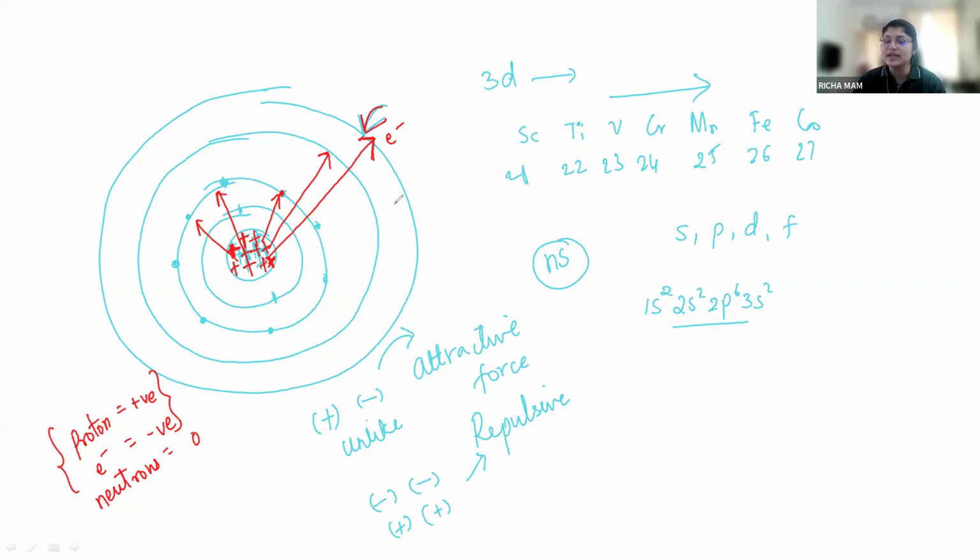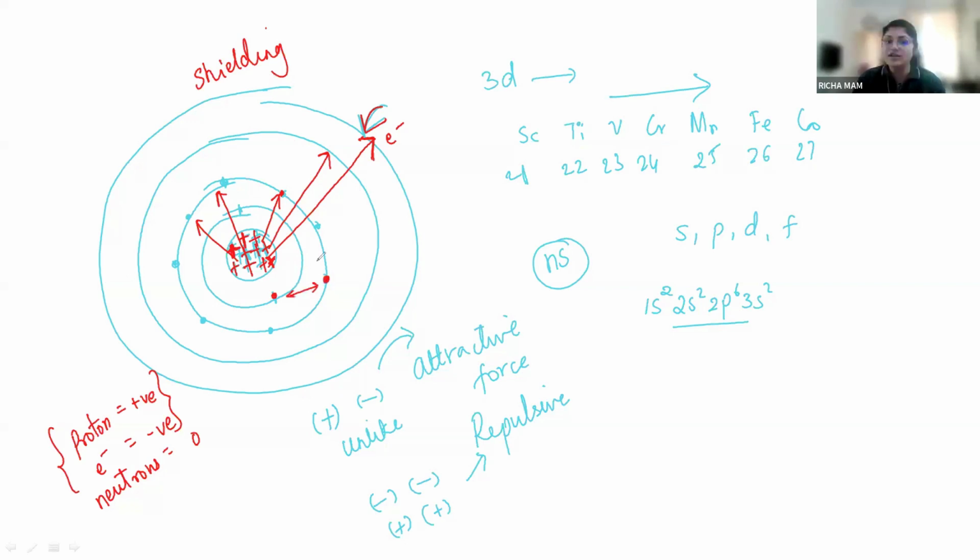What is happening to the size? The size goes on reducing, so a decrease in size is observed. This is called the shielding effect.